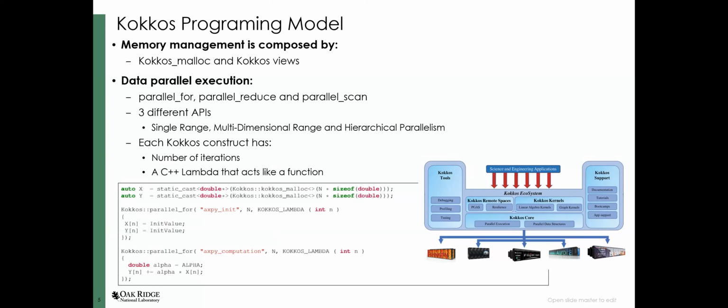We have Kokkos malloc and Kokkos views to allocate the memory. And then we have three major different data parallel constructs: parallel for, parallel reduce, and parallel scan. In this talk, I will focus more on parallel for and a little bit on parallel reduce.